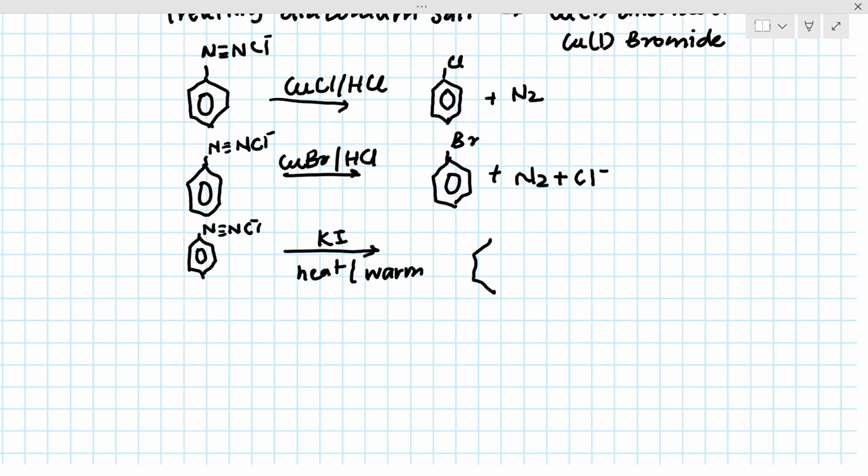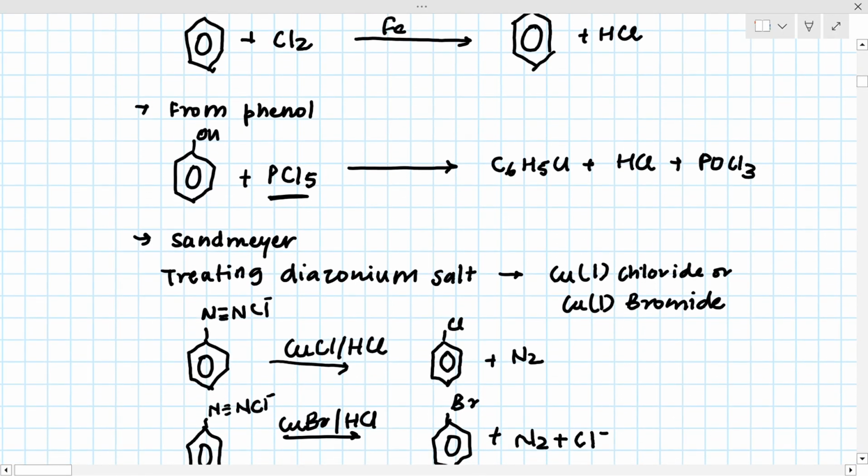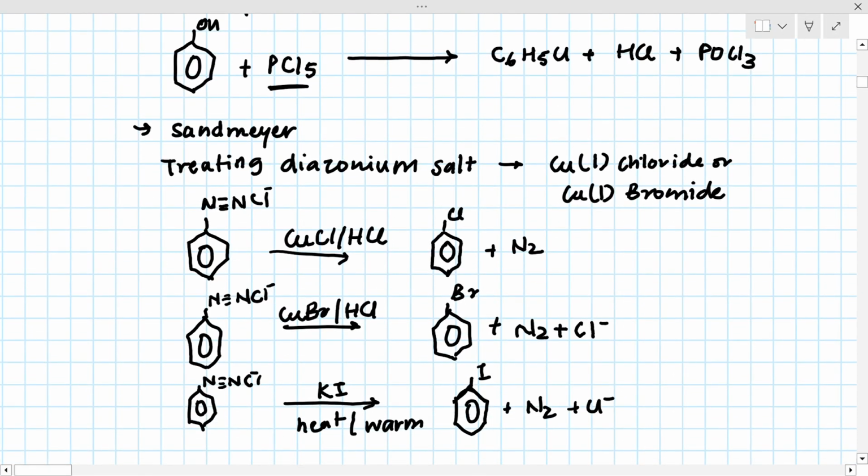You will get N2 plus Cl minus. This is the methods of preparation of haloarenes using nuclear halogenation from phenol and Sandmeyer's reaction.